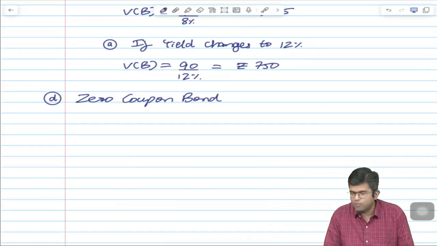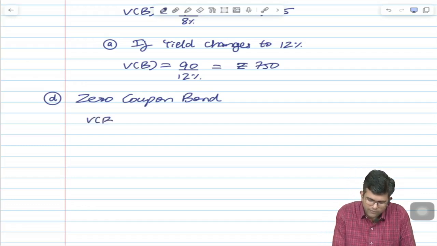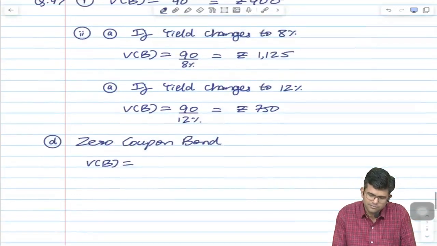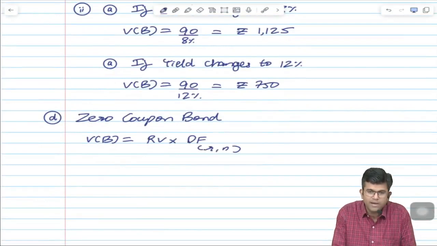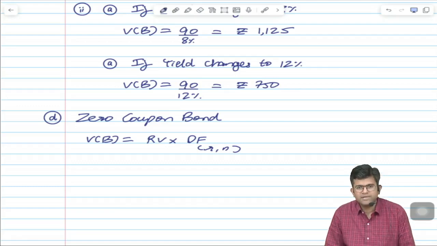Can you tell me, for a zero coupon bond, what do you think will be the value of the bond? It will be RV into DF(R, N). That's it. There is no interest element.